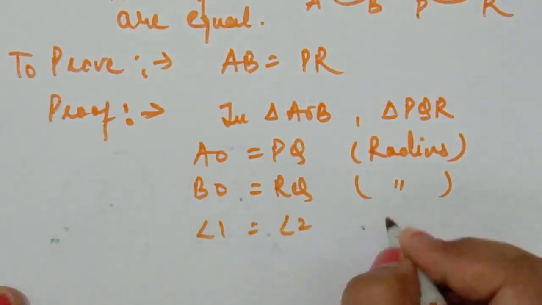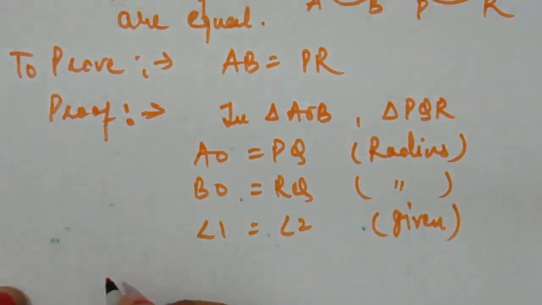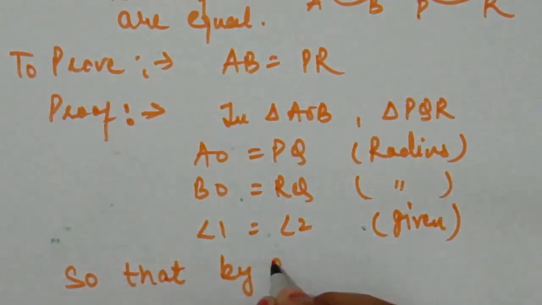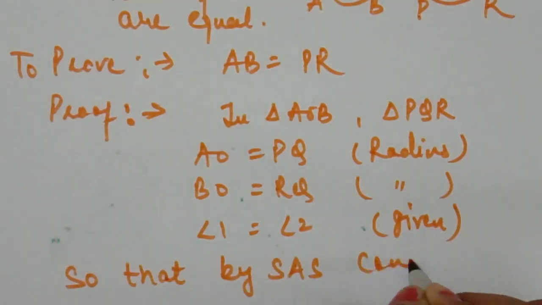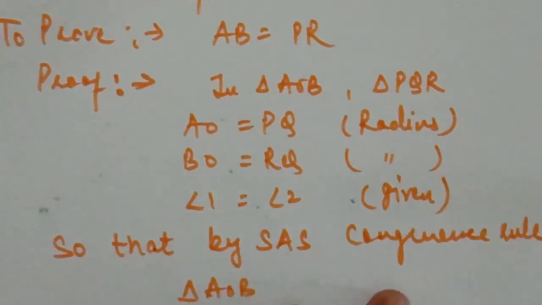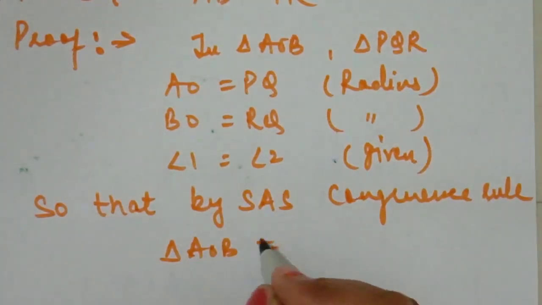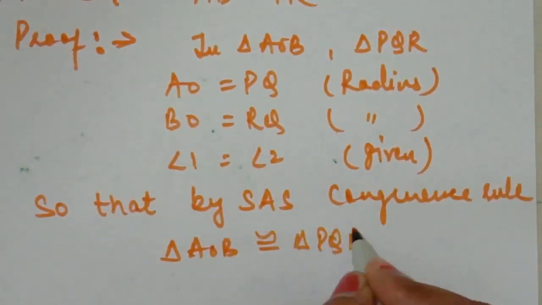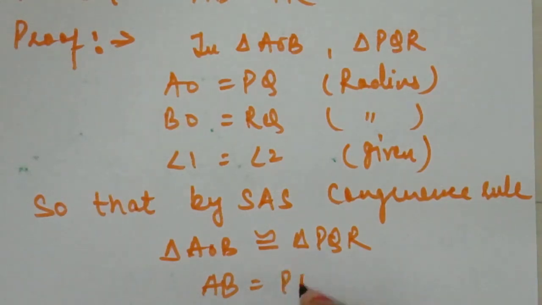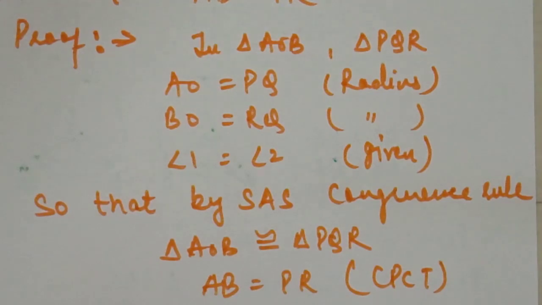Angle 1 is equal to angle 2, given. So by SAS congruence rule, we have triangle AOB congruent to triangle PQR. So we can say that AB is equal to PR by CPCT. This is your second question of exercise 10.2.